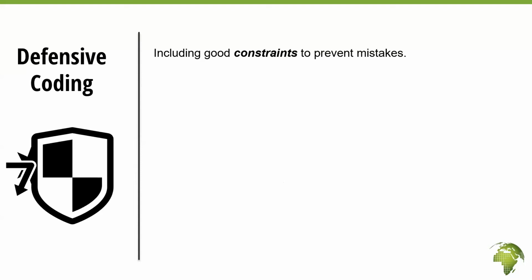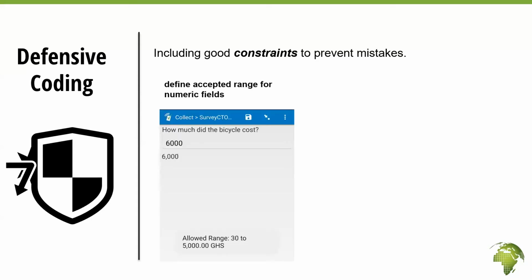Now, one good thing about SurveyCTO is also constraints. We can build in constraints in order to prevent anticipated mistakes. So on this picture, for instance, an enumerator who entered a value of 6,000 for a bicycle would have their value rejected.